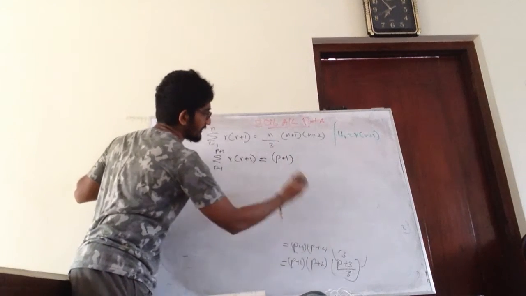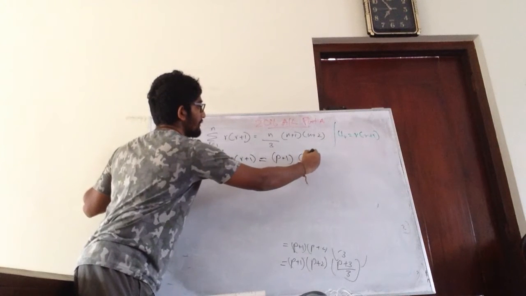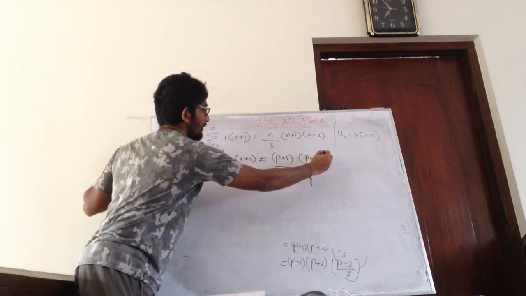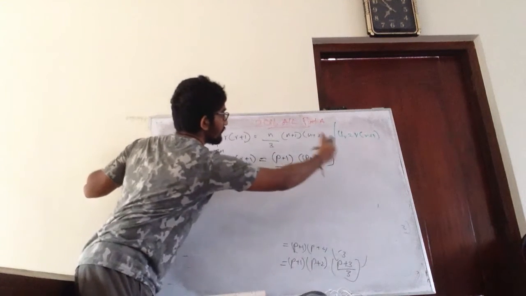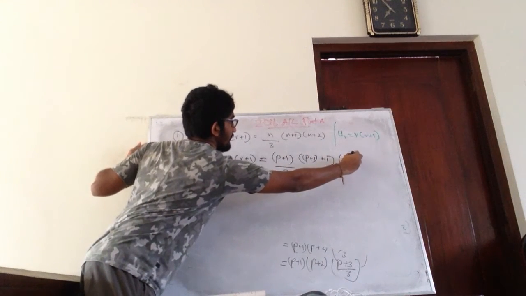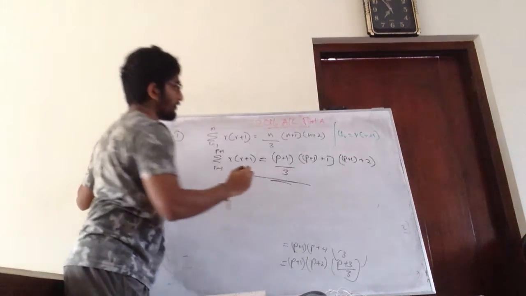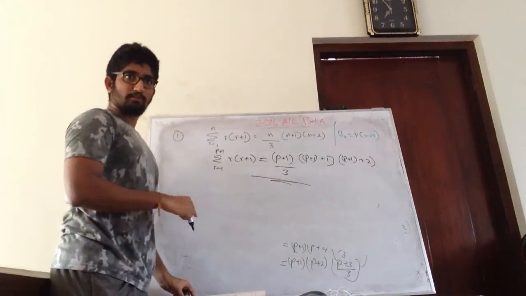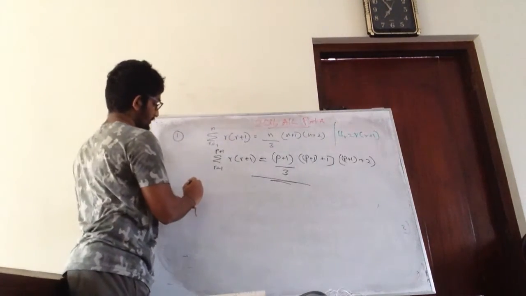So then I'm going to take this 3 here. Then p plus 2 I'm going to write as p plus 1 plus 1, and p plus 3 I'm going to write as p plus 1 plus 2. Right?